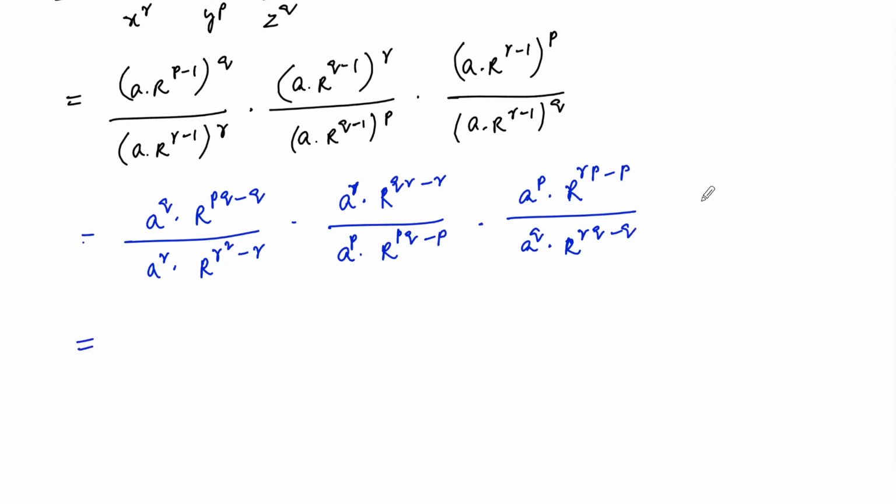So here we can cancel the terms. A to the power q and a to the power q get cancelled, a to the power p gets cancelled, and a to the power r and a to the power r get cancelled, and the remaining terms we can write here.